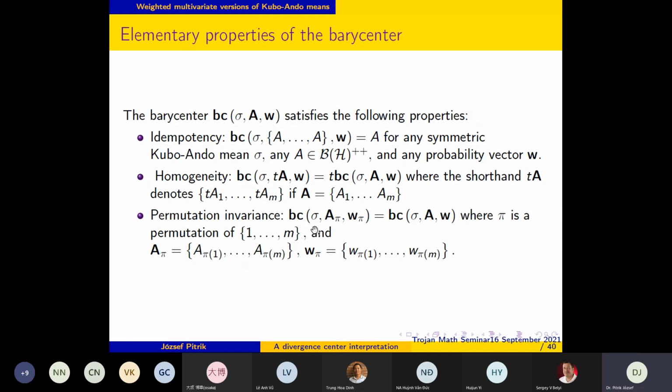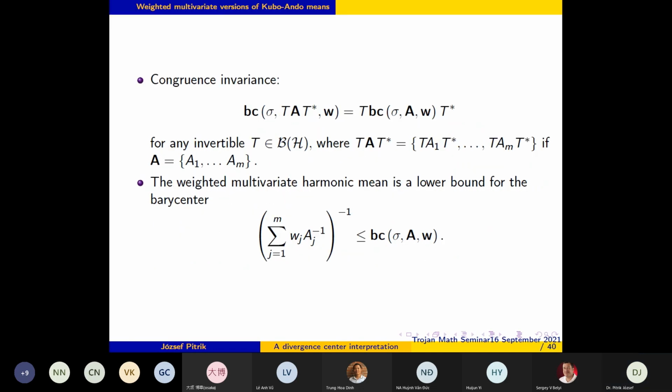Permutation invariance also holds. And we have a congruence invariance in this form. And it can be proved that the weighted multivariable harmonic mean is a lower bound for this barycenter.